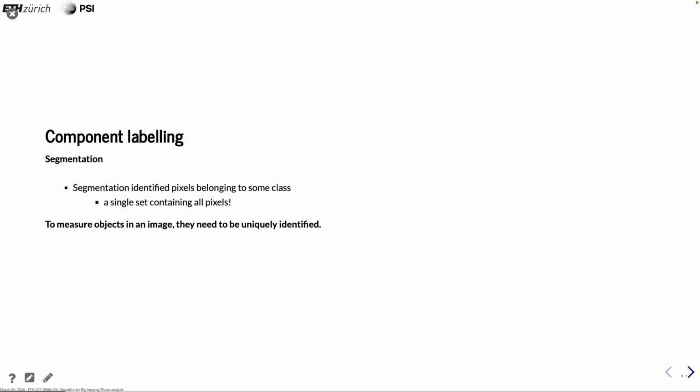So we have our black and white images, and the first step to do many analyses is to identify the objects in the image. And for that, we have the component labeling. The basic task of it is to put a label on all pixels that are adjacent, connecting each other, and group them into each label.